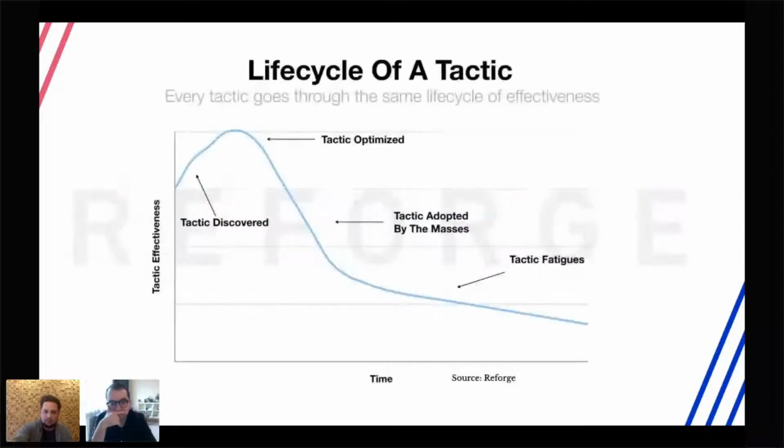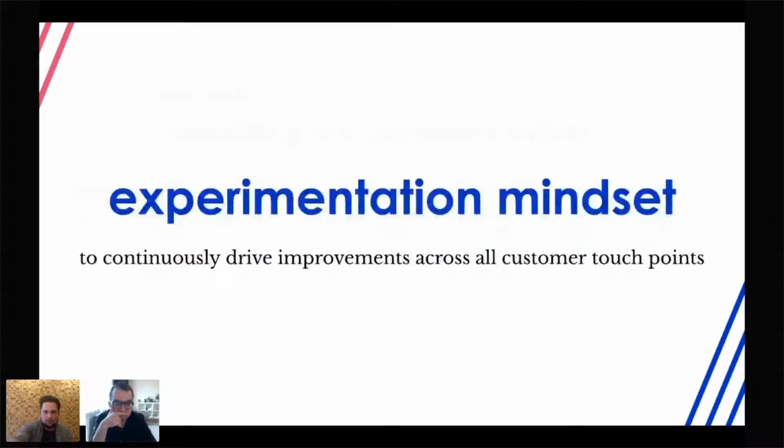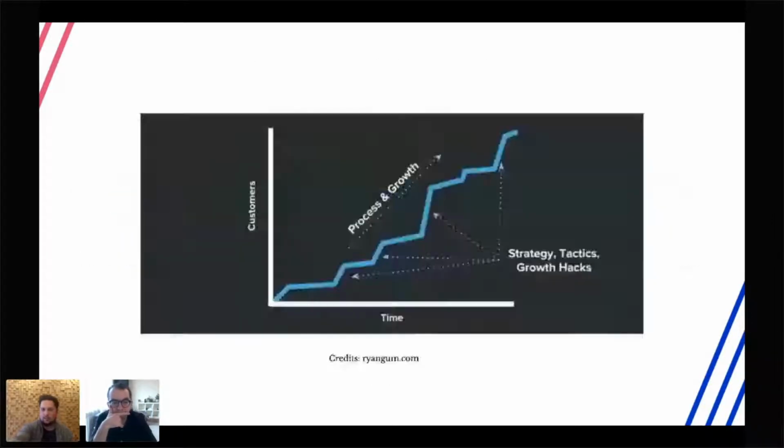And one more thing here. This growth hacking mindset and this experimentation mindset is very good at generating small improvements. And if you are looking for this one golden tactic that will change you into a unicorn, you probably won't get it.